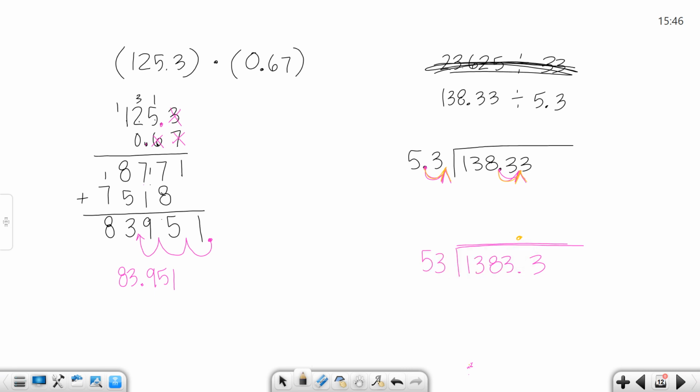53. Okay, so it's not easy to multiply, but we can think of it like 50, and 50 times 2 would be close to 100, so we'll try that. So 2 times 3 gives me 6, and 10 here. Okay, so 50 should go into 138, 26 times. 31, there we go.